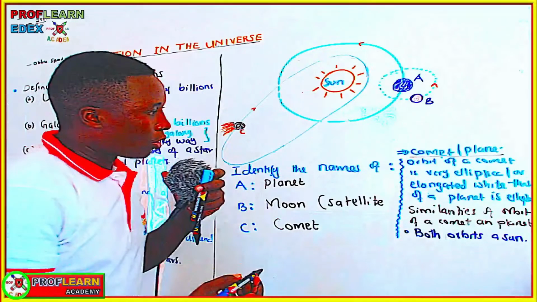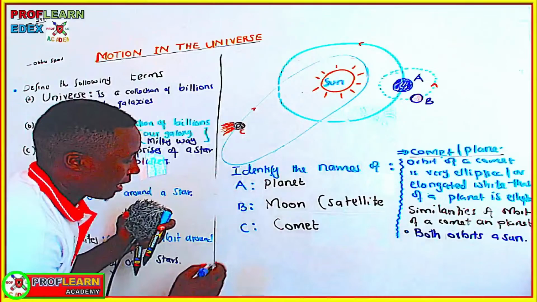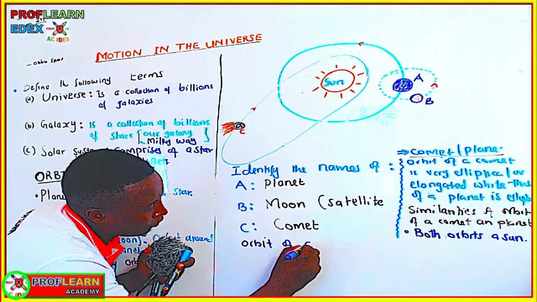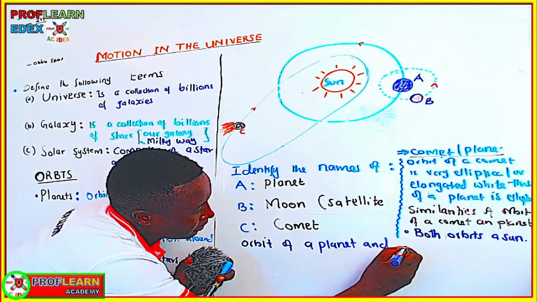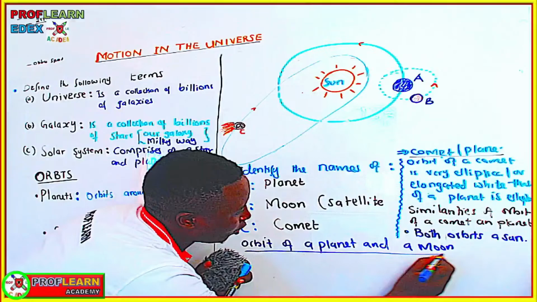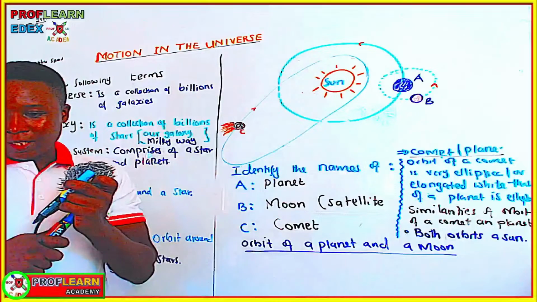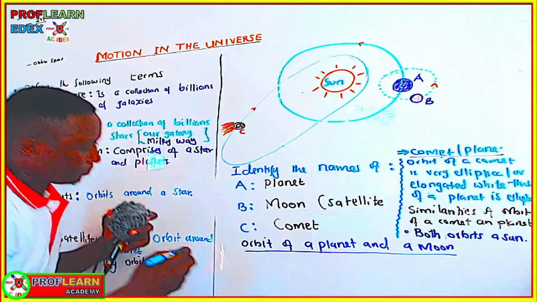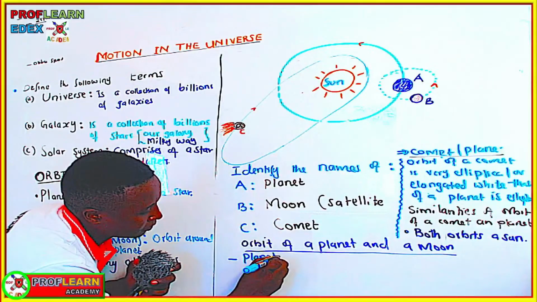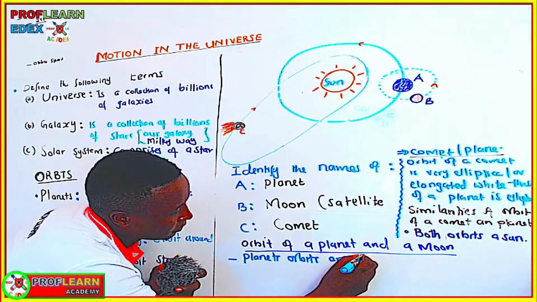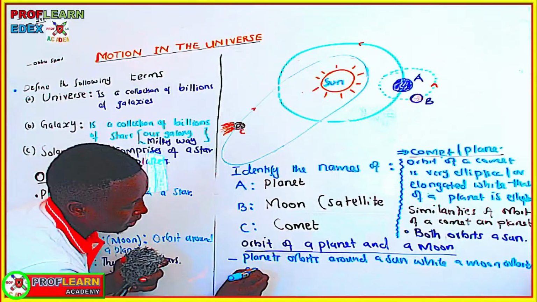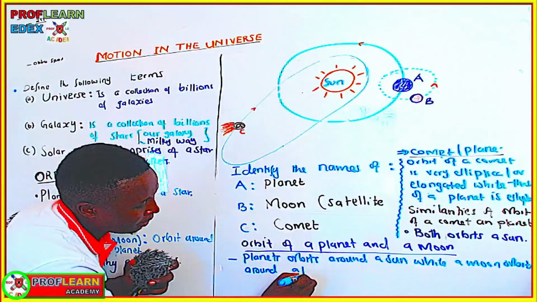So what about the orbit of a planet and a moon? If you are asked a question to do with that, what are we going to say? Planets orbit around the sun, the moon orbits around a planet.